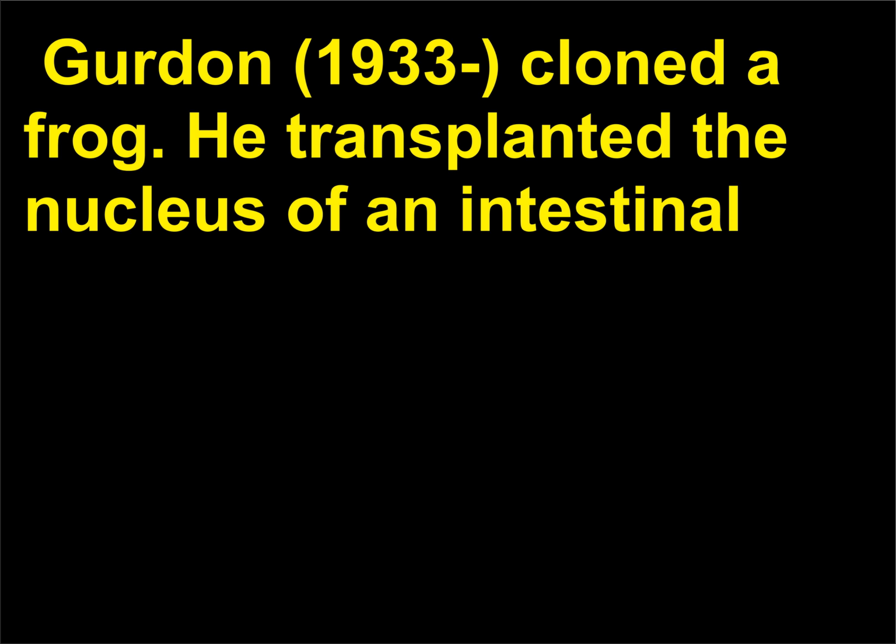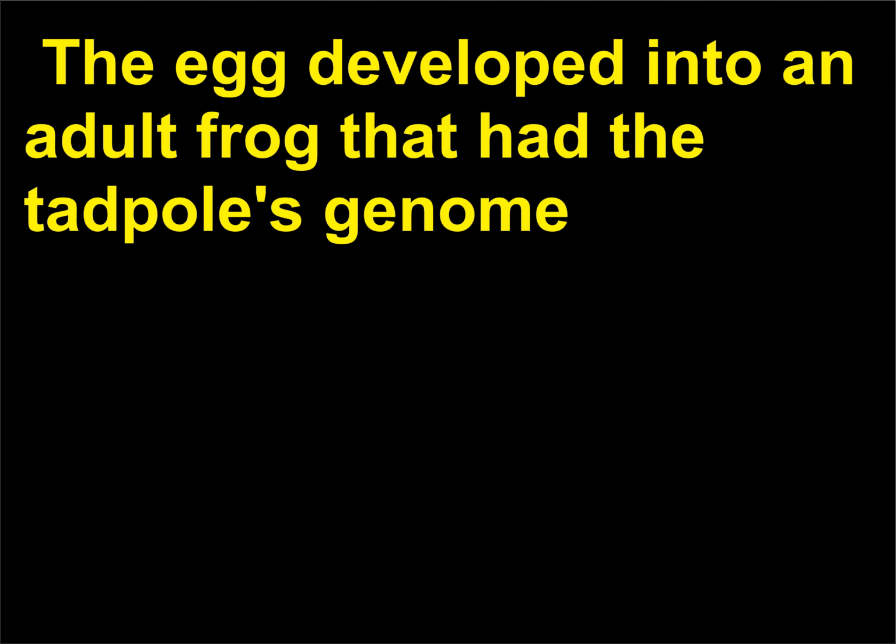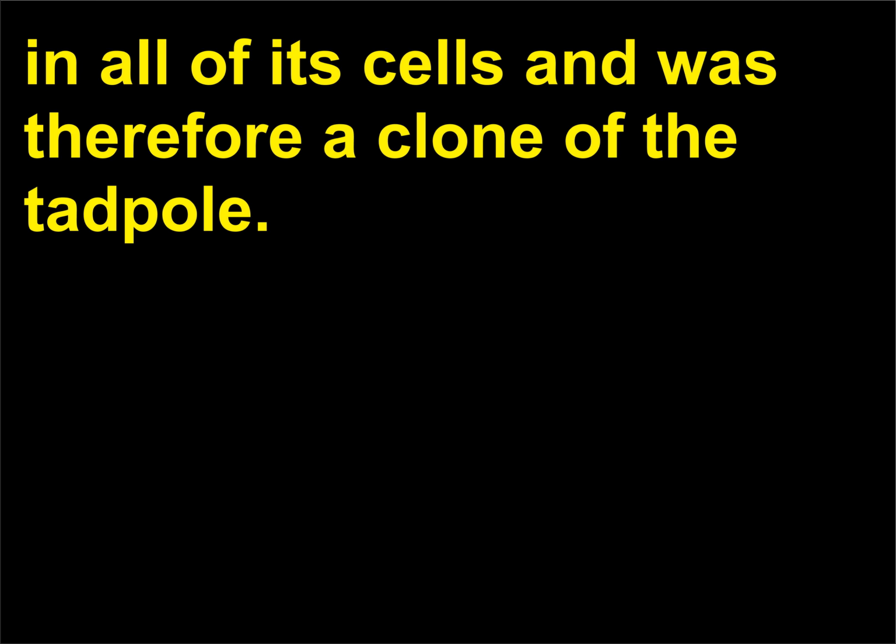He transplanted the nucleus of an intestinal cell from a tadpole into a frog's egg that had had its nucleus removed. The egg developed into an adult frog that had the tadpole's genome in all of its cells and was therefore a clone of the tadpole.